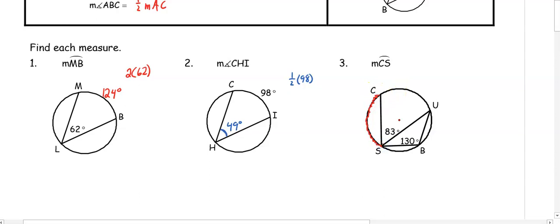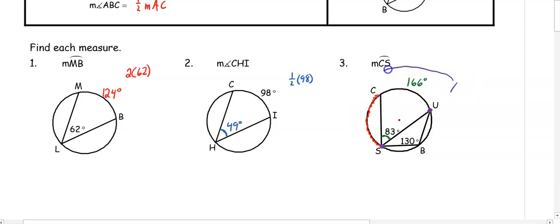In number 3, we want to find the measure of arc CS. In order to do that, we need to use these inscribed angles. So if this angle is 83 degrees, it intercepts the arc CU. So when we double that, we get 166 degrees. Then we see the 130 degrees is intercepting from S to U, so it's going to be a major arc, SCU.